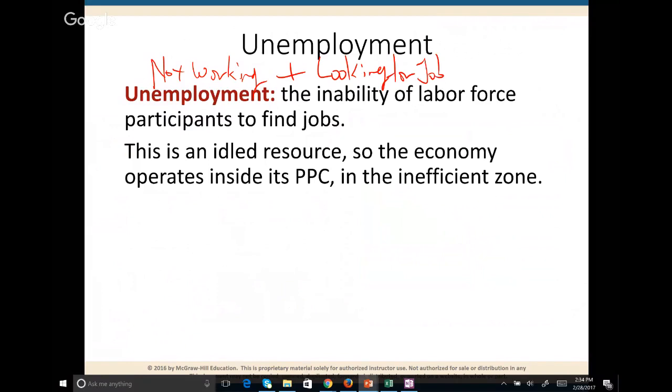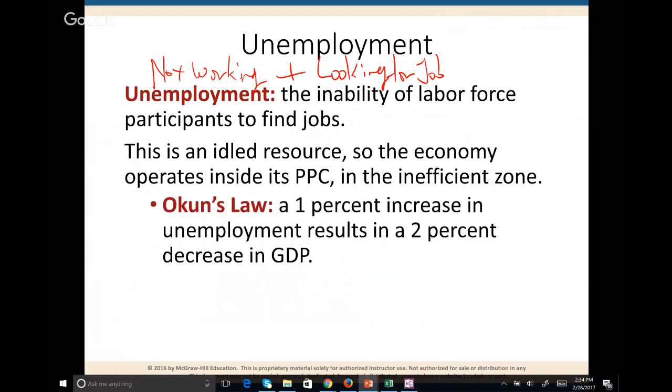So if you have anybody who is currently not working and not looking for a job, they are not unemployed. They are not in the labor force. All right. So Okun's law: a 1% increase in unemployment results in a 2% decrease in GDP. Okay. So this is important to you.